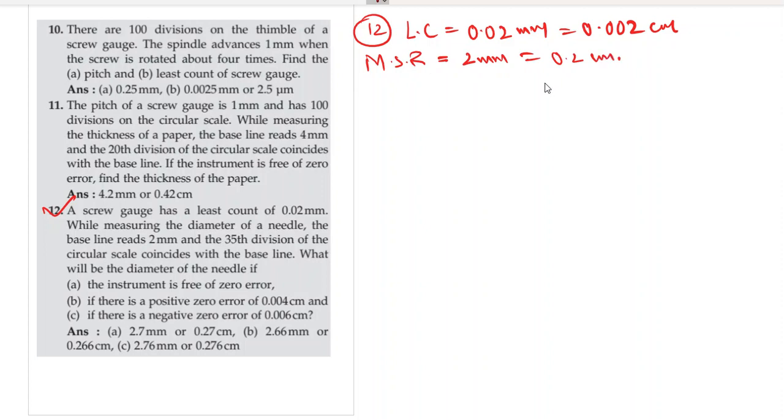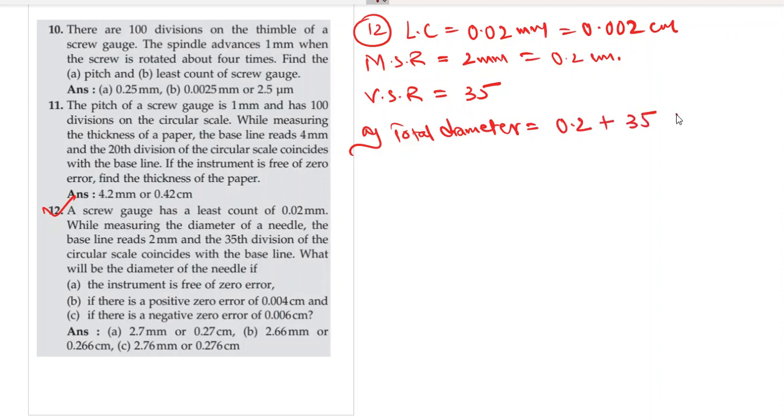And the 35th division of circular scale coincides with the baseline. So vernier scale reading is 35. What will be the diameter of the needle if the instrument is free of zero error? So in the first case, if the instrument is free of zero error, the total diameter is equal to main scale reading, that is 0.2, plus vernier scale reading 35 into 0.002. 0.2 plus, this will be, I think, 0.07.